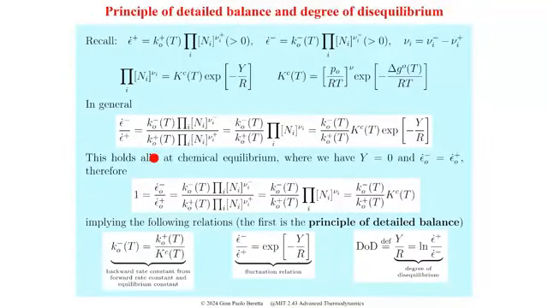Now, let's see what are the consequences of this model that we have developed. So we just said we want to represent reaction rates this way, forward and backward. Notice that all the ingredients are positive because after all, it's a product of probabilities and you cannot have negative probabilities.